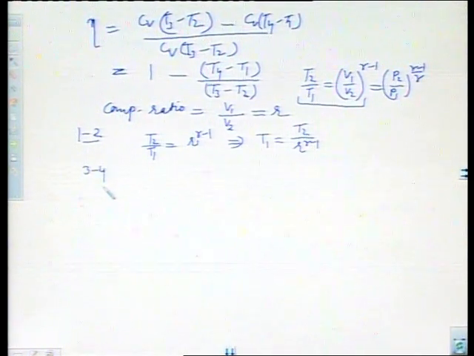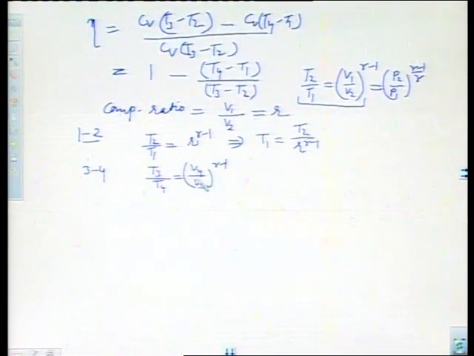Now, take the second process, that is 3-4 expansion process. In this case, again apply the same formula, T3 divided by T4 is (V4 divided by V3) to the power gamma minus 1.